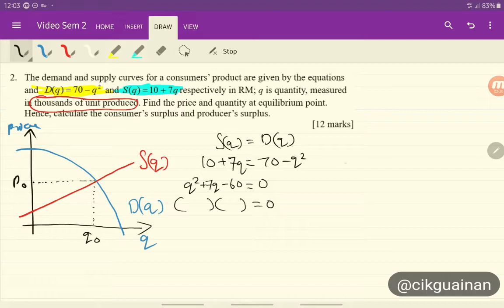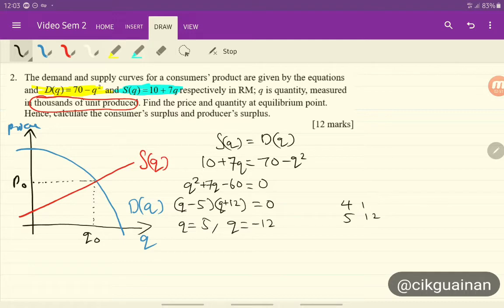How to get minus 60? Factors of 60 that differ by 7: 5 times 12. So you get Q equals 5, Q equals minus 12.